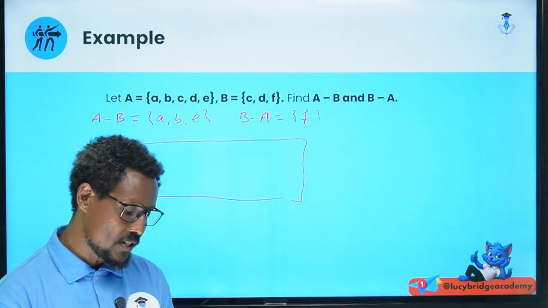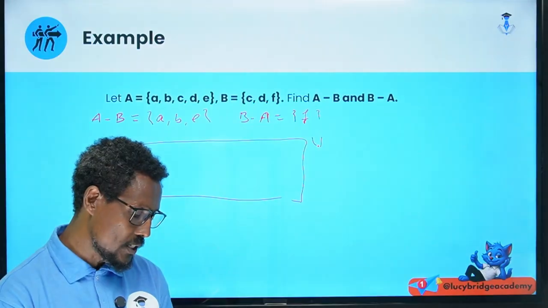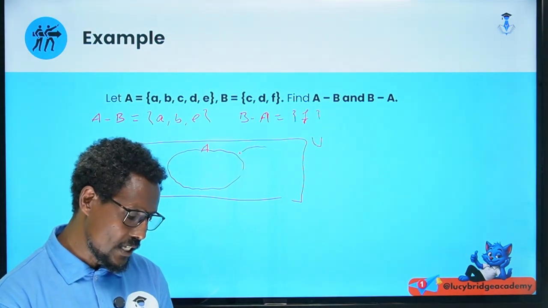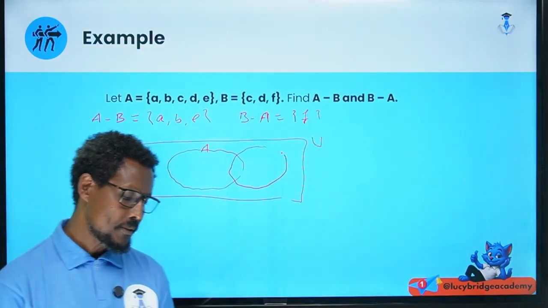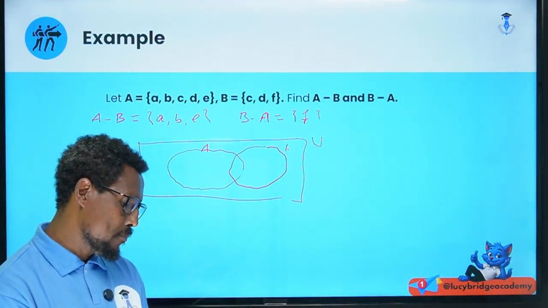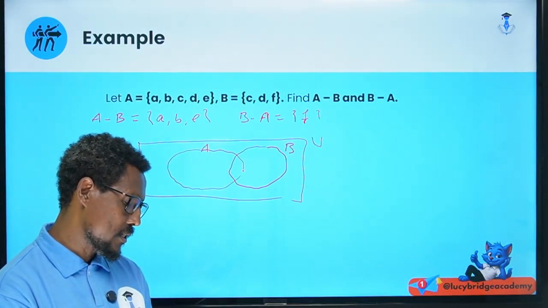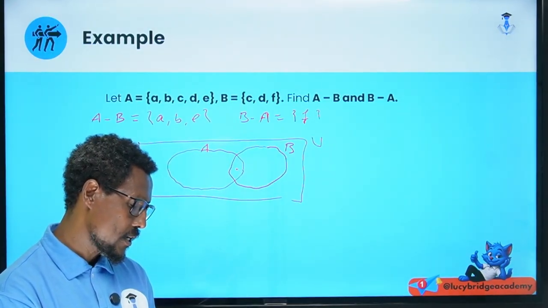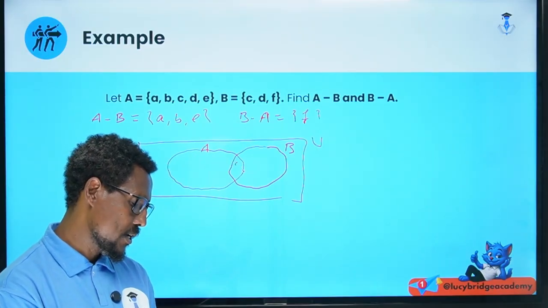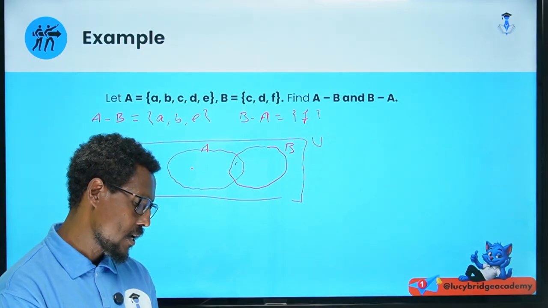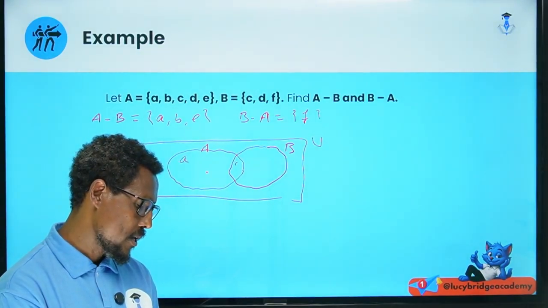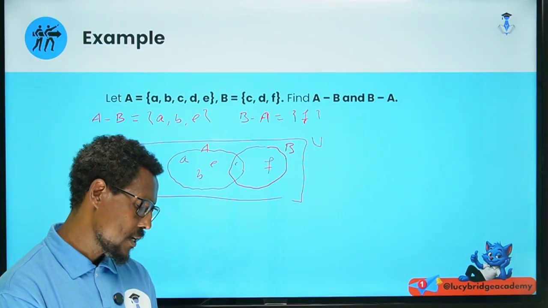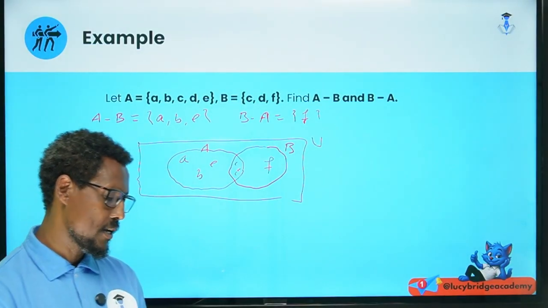This is our universal set, usually denoted by U. And we have two sets, A and B. This is set A, and this one is set B. In both sets, there is a common element, which is C. A, B, E are in A, and F is in B. C and D are in both sets.